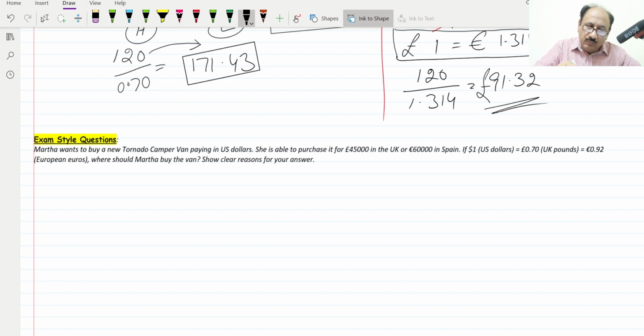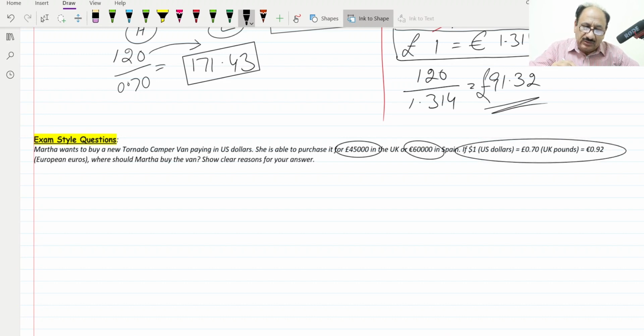She is able to purchase it for 45,000 pounds in UK or 60,000 euros in Spain, if $1 is equal to this much, and this is the conversion ratio between three currencies again. European euros, 0.92.